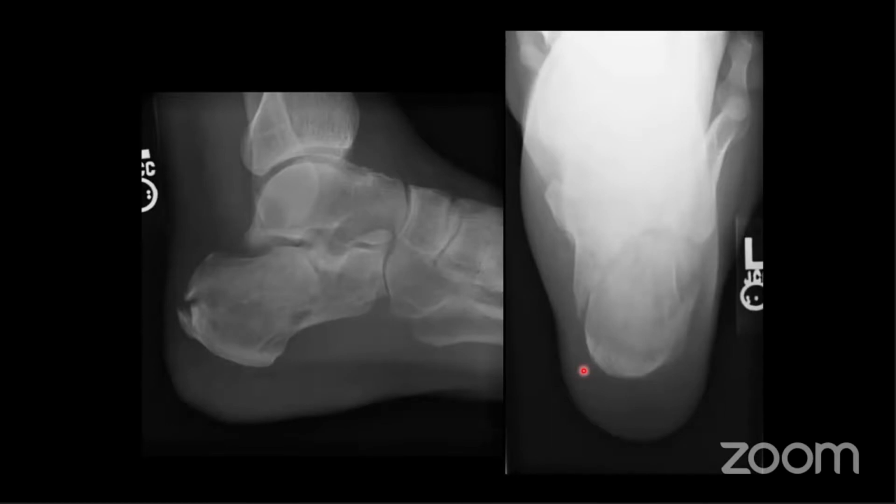So calcaneus fractures in themselves are, by the by, not particularly remarkable, but if you have them bilaterally, it implies high energy trauma. The force is transmitted upwards through the legs, the pelvis, and the spine. So you basically need to image the rest of the skeleton. Yep, very good, very good.